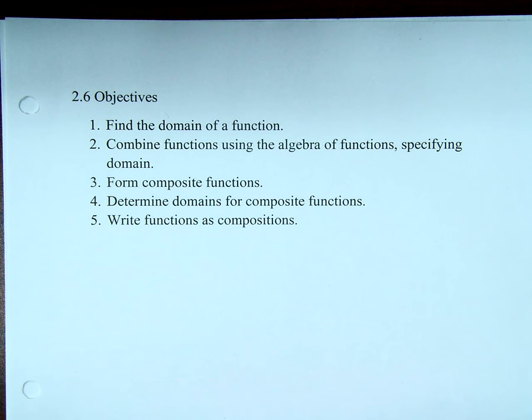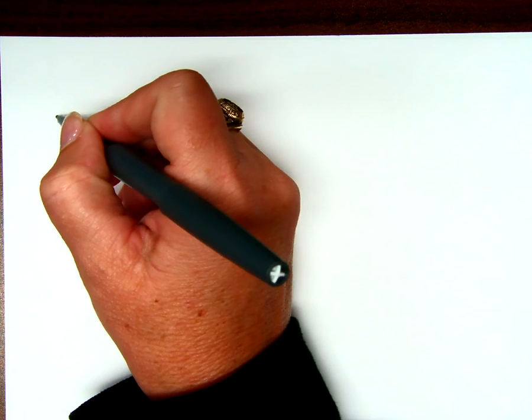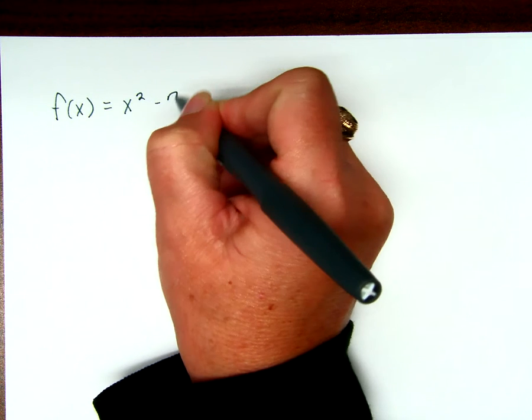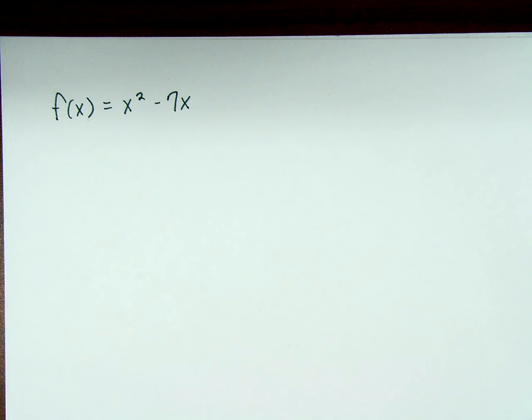So first of all, finding domain of functions is something we've talked about several times before. For example, if I say this particular function is x squared minus 7x, what's the domain of this function? Is there anything x is not allowed to be?